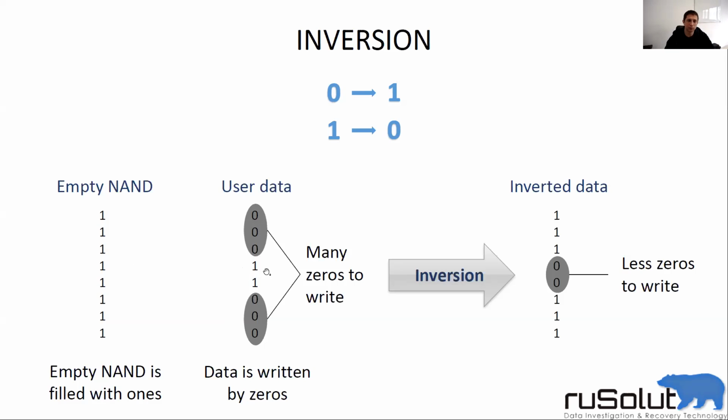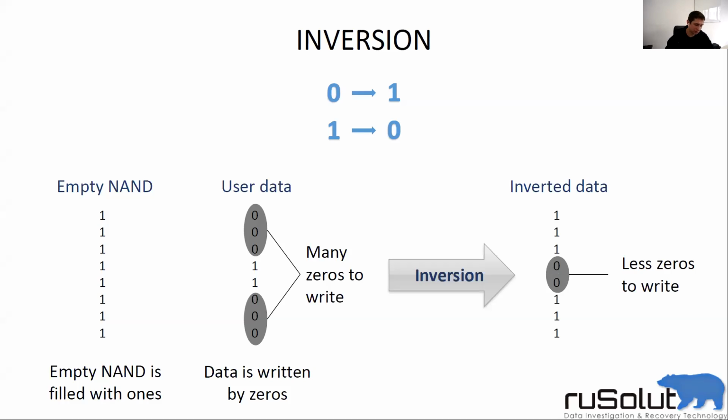But if we do that simple transformation of data inversion, the amount of data which will be necessary to write to the empty NAND will be much smaller, because originally we have just ones, right? User data has more zeros, like in this area, it's original user data. But after we invert it, we have just, like in this example, just 2 zeros to write. So those ones will not be changed. They will stay untouched, and we will change the state of 2 memory cells only.